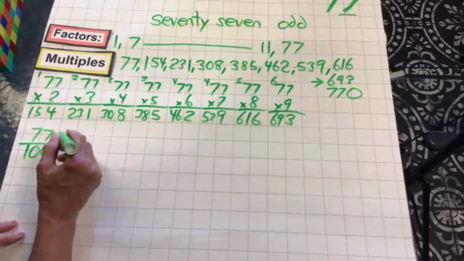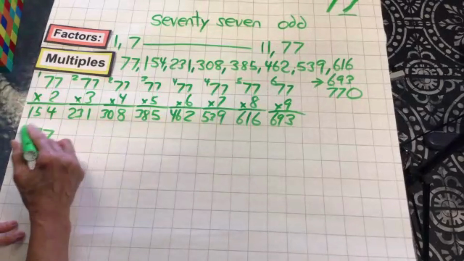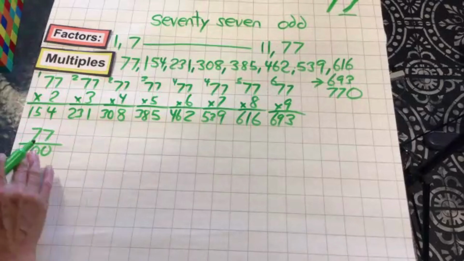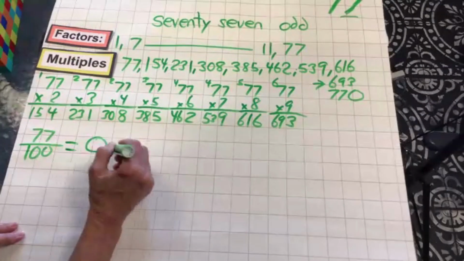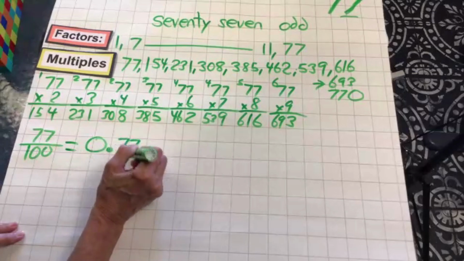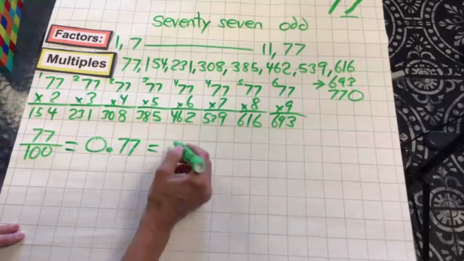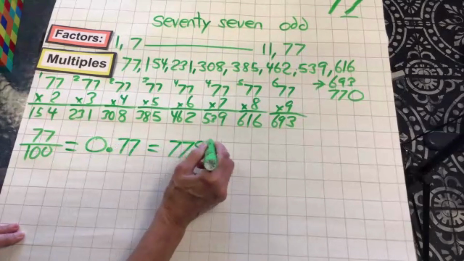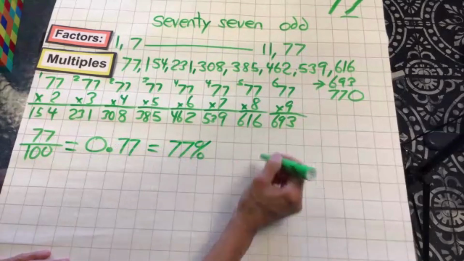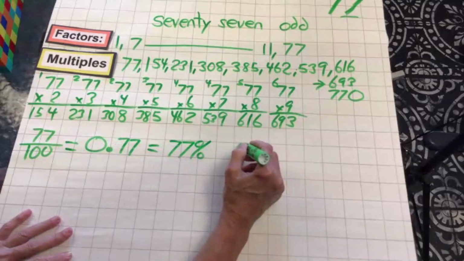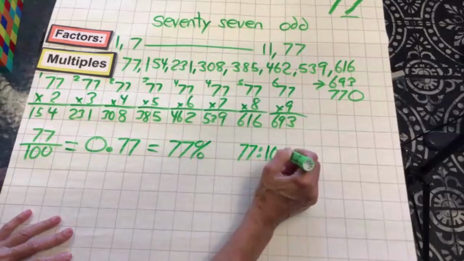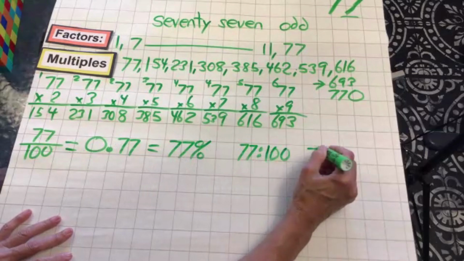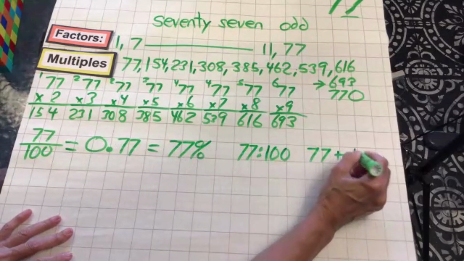So it is in the lowest terms, the smallest we can get it. Our decimal would be 0 and 77 hundredths. Our percent is 77%. And if we were to put it into ratio form, it would look like this: 77 colon 100 or 77 to 100.